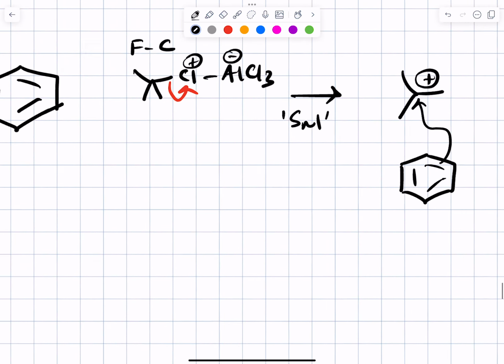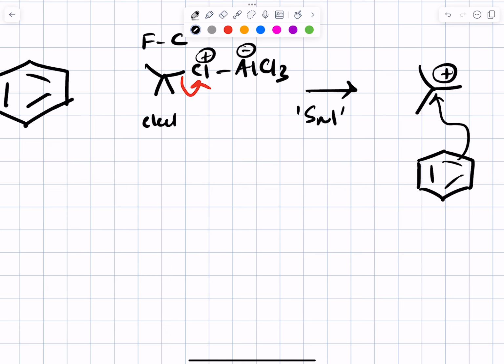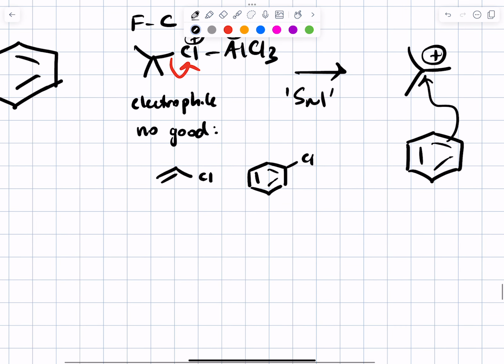Your text says that as electrophile, you can't use the following, and that's vinyl halides and aryl halides. And the reason for that is because vinyl and aryl cations are too unstable.